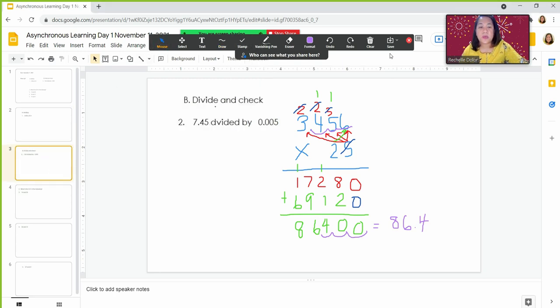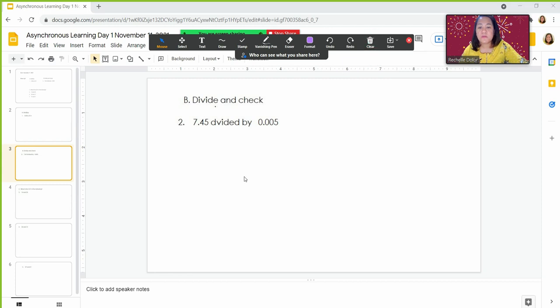Okay, I need to clear this out first before we divide. Alright, we need to divide and check, right? So what we need to do is put our number. The number 7.75 is the dividend, or inside the house, and you have here 0.0005, right?